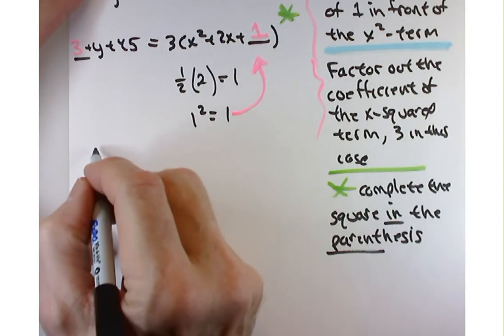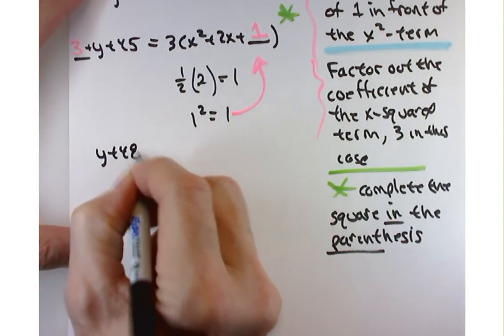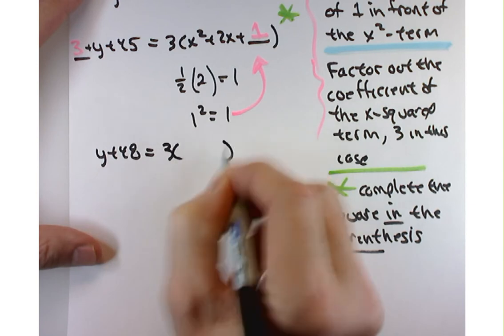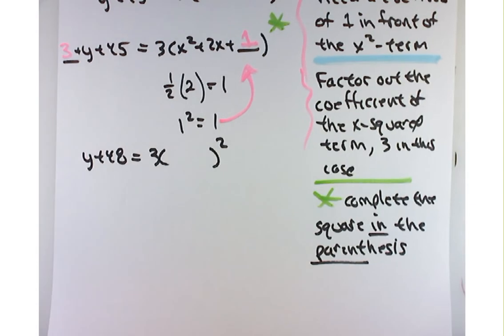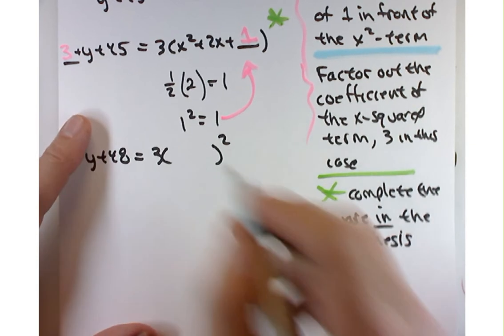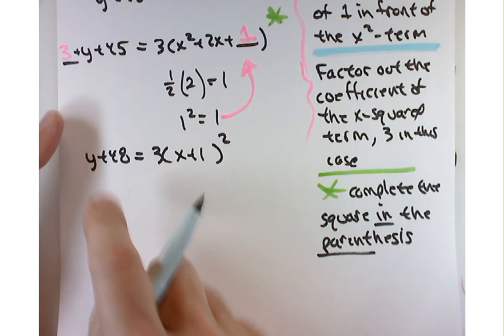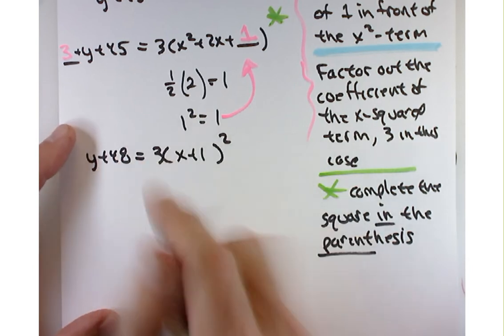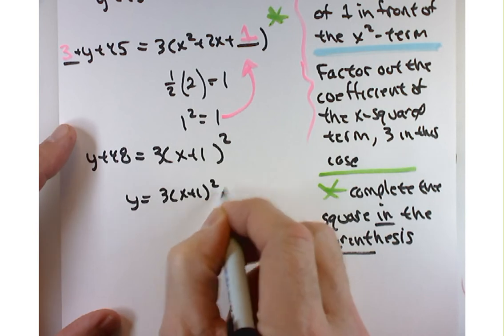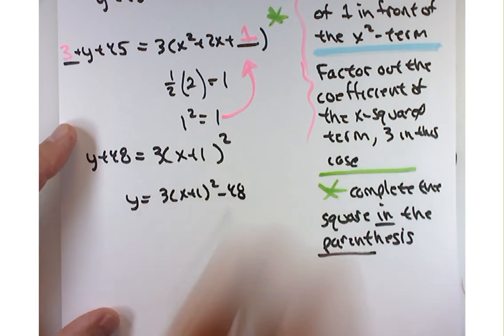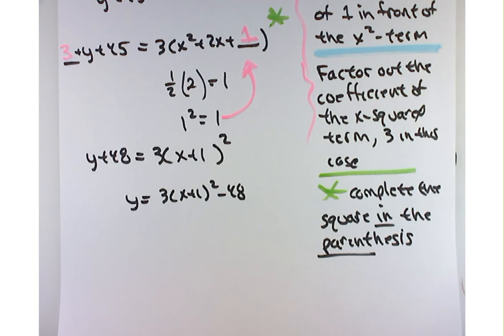So that becomes y plus 48 equals 3 times something squared. What do you square to get that right-hand side? x plus 1. And finally, I'm going to move the 48 back to the right-hand side: 3 times x plus 1 squared minus 48. Bam. Looking great.